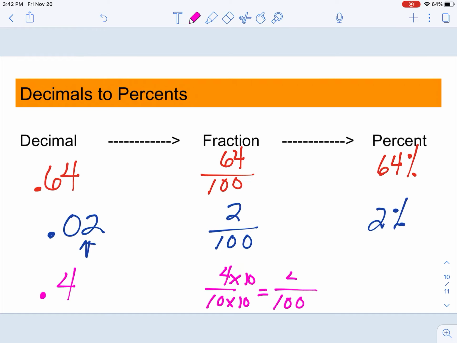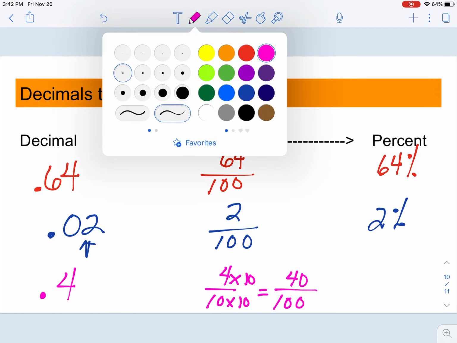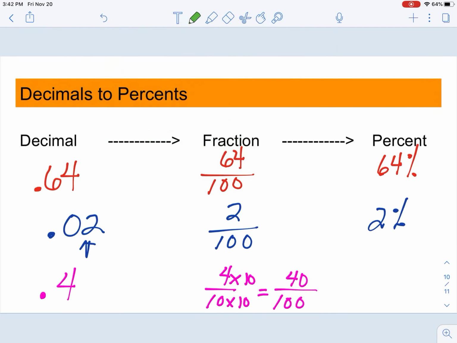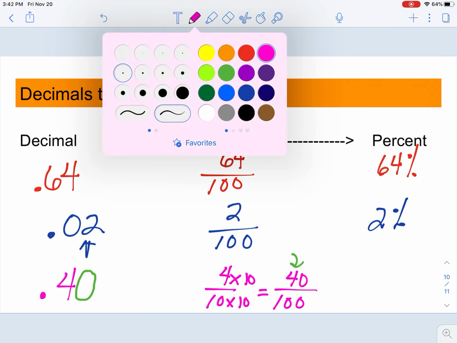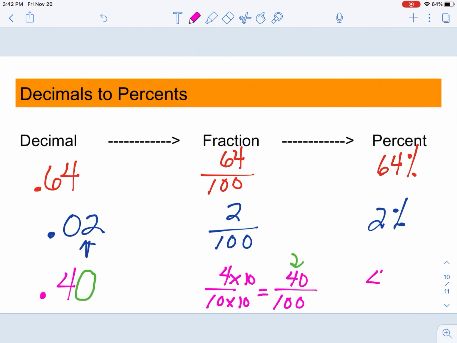And I'll know that it's 40 out of 100. Another strategy I often use is I might add a 0 to the end of my decimal so that I can tell more easily that it's 40 hundredths. And 40 hundredths is 40%.